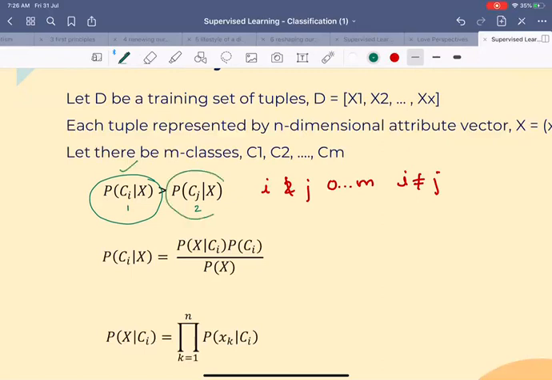If this one is greater, we will name our target as class 2. If you're doing this for your Iris dataset example, we have three classes: class 0, class 1 and class 2. In that case, we'll have to evaluate all three probabilities and see which one is greater. Whichever is greater will be the answer that we give.